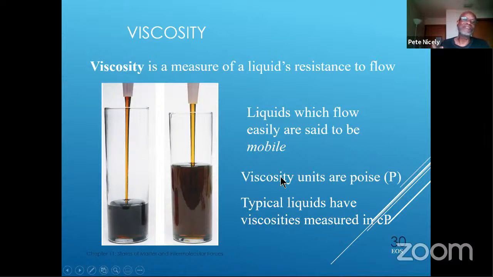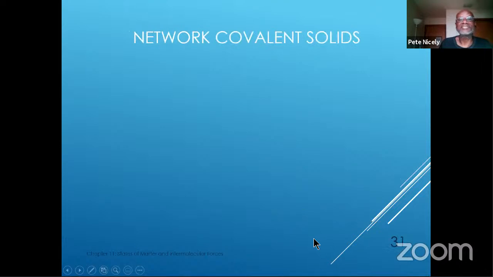And basically what you'll find is that the stronger the intermolecular forces in the substance, the greater will be the viscosity, all right? The liquid will be more resistant to flow if the intermolecular forces between the molecules are stronger. And that's basically all we have to say concerning viscosity.